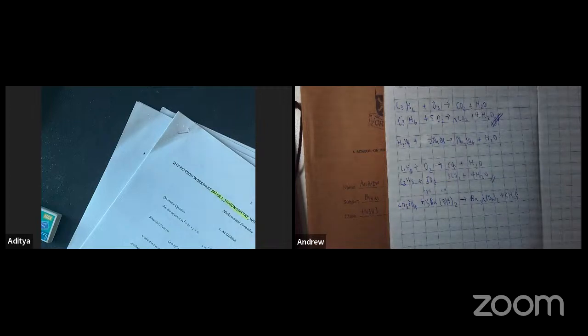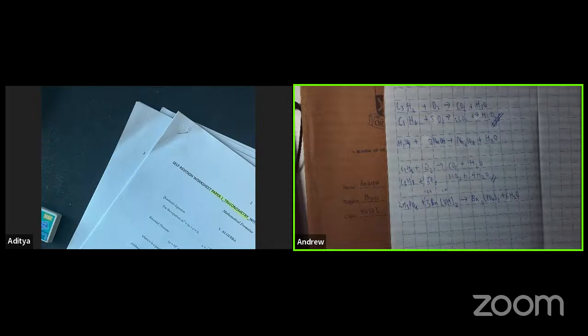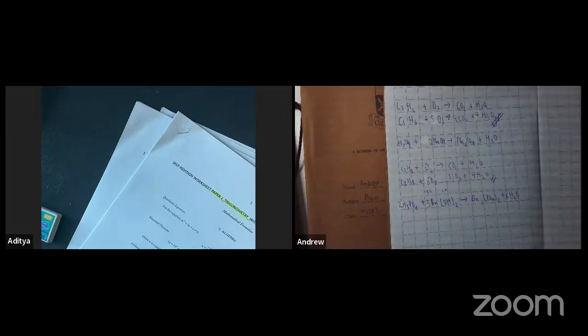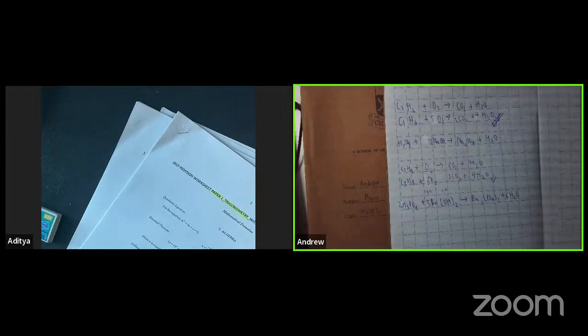Now my question is this: what if this is 9/2,000? Is this still not allowed? Allowed or not allowed? Allowed. And the reason is because?